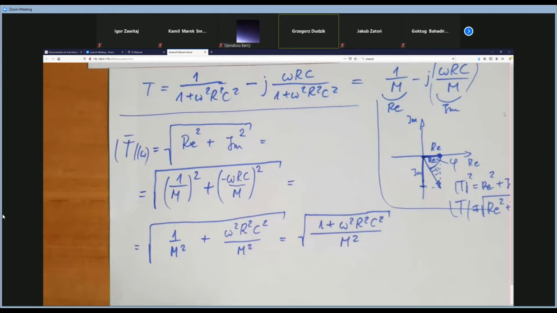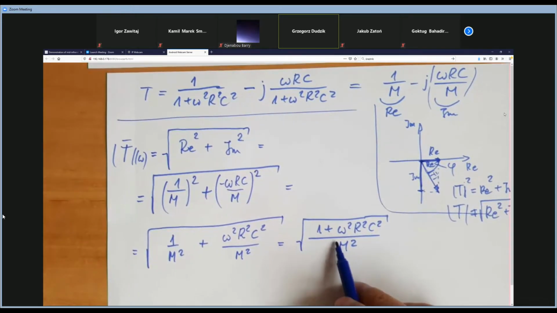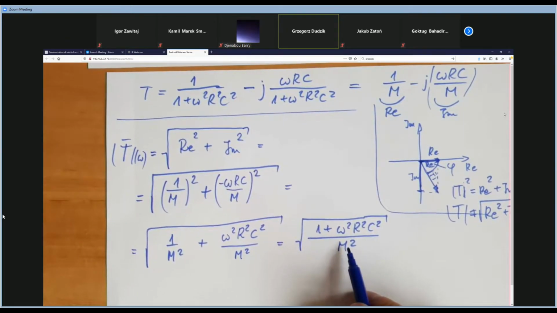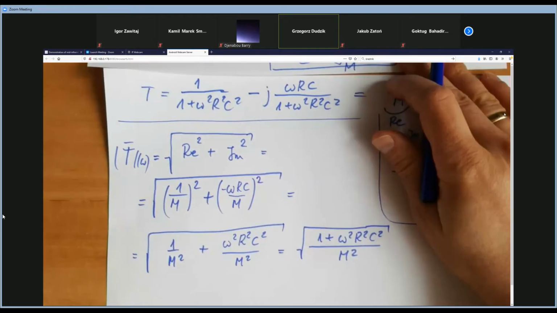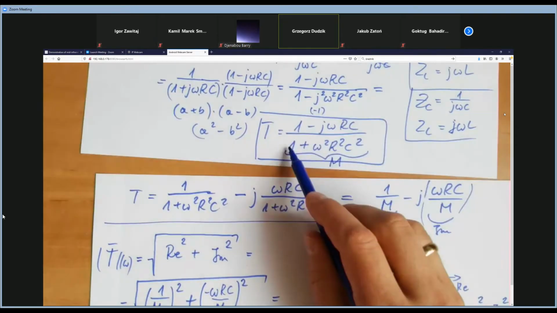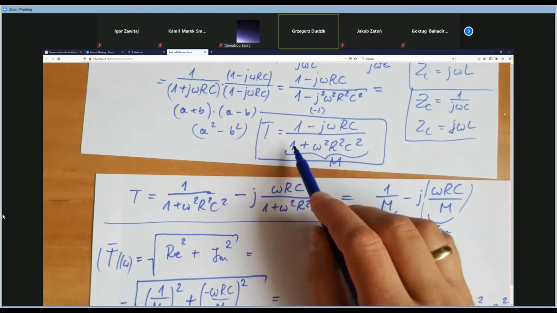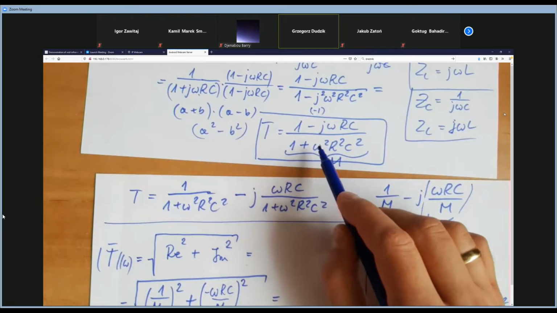So now let's come back to the substitutions here, and let's substitute for m the real value, which is equal to 1 plus omega squared r squared c squared.